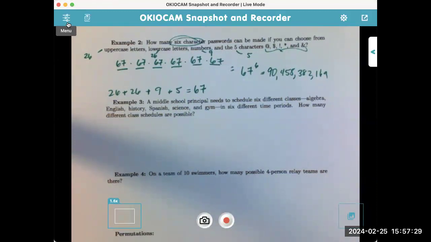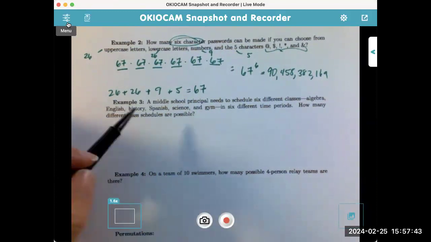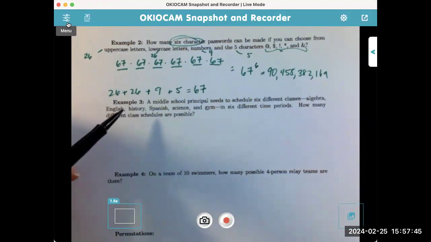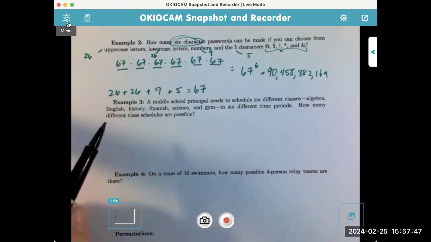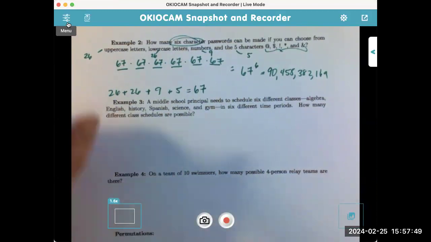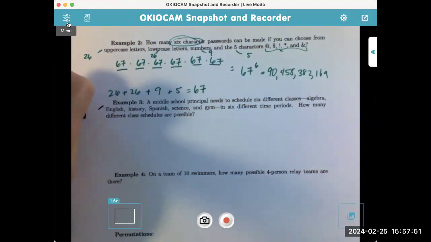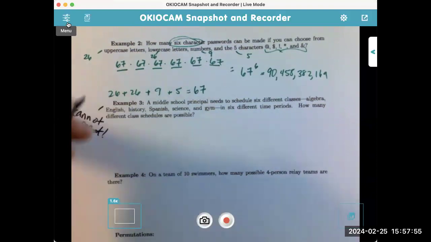Okay, so now we are doing a schedule. 6 different classes. Here, the difference is that we cannot repeat classes, right? Because you probably wouldn't want to do math twice. So here we have the implication of cannot repeat because you're doing a schedule.